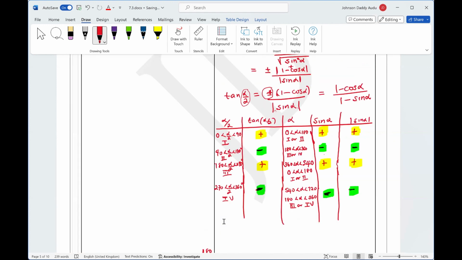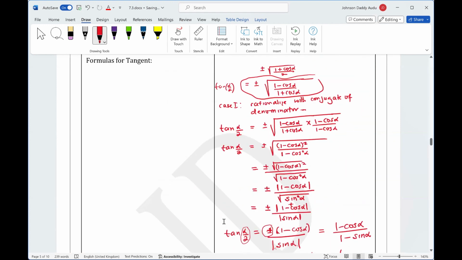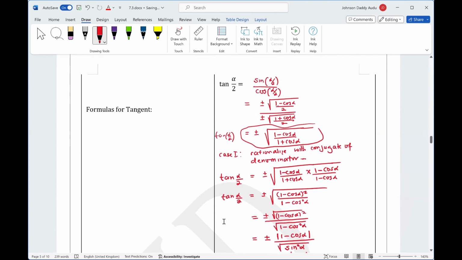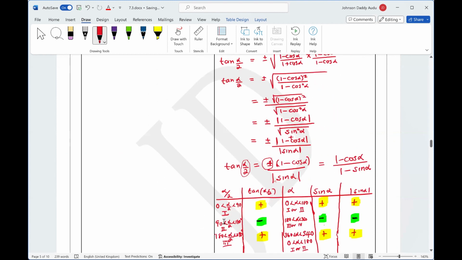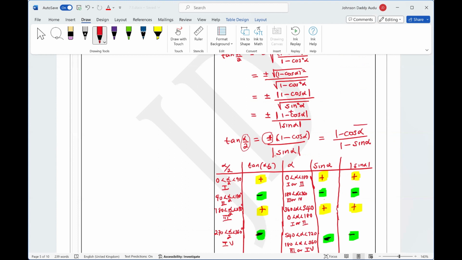All right, so what is the first one? If you look at the earlier one, we have it proved here. It uses 1 minus cos alpha over sine alpha. So here, what did I do? This is just sine alpha.